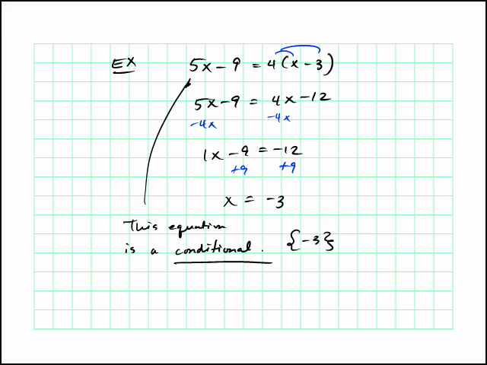Its solution is negative 3. Once again, all equations that have a solution are called conditionals. Equations which have no solution at all are called contradictions, and equations which have infinitely many solutions, all real numbers, are called identities. And that is our lesson on solving linear equations.